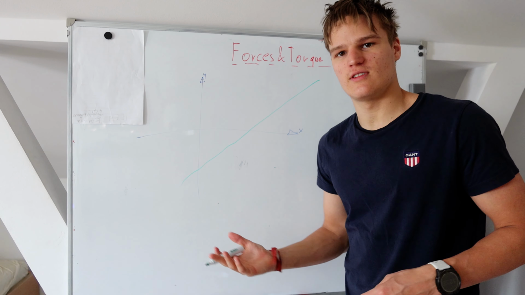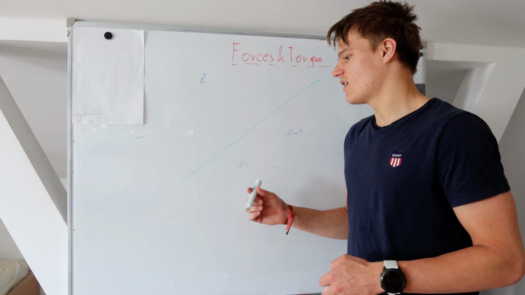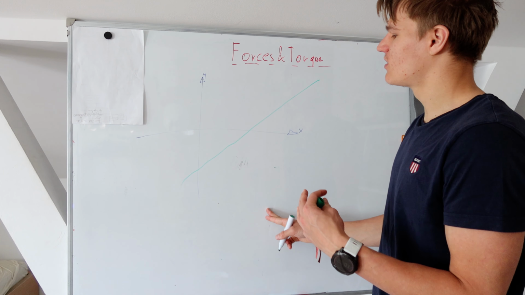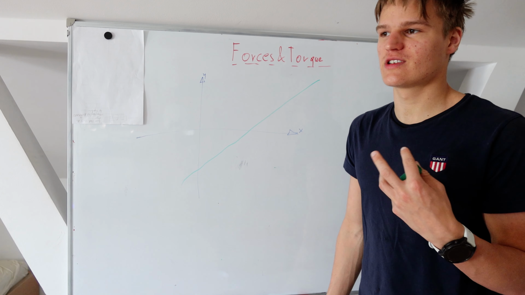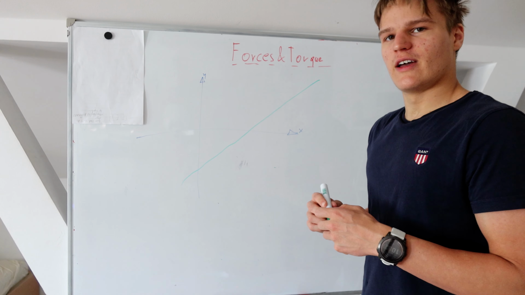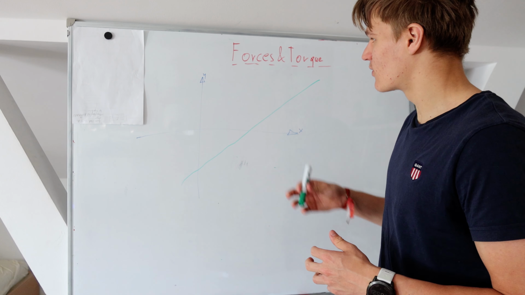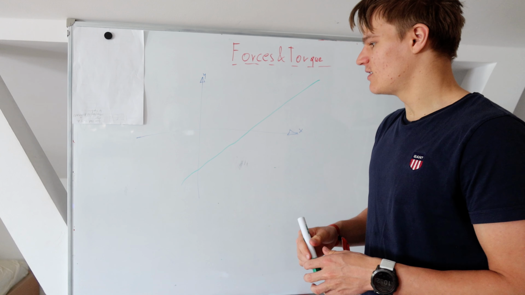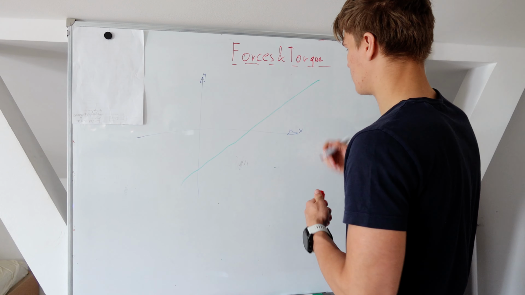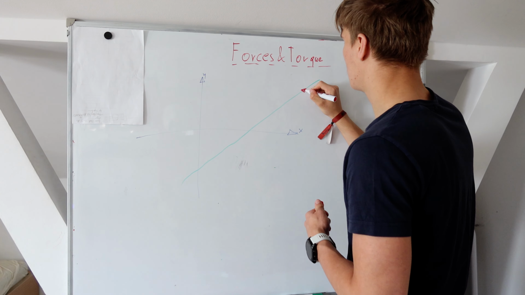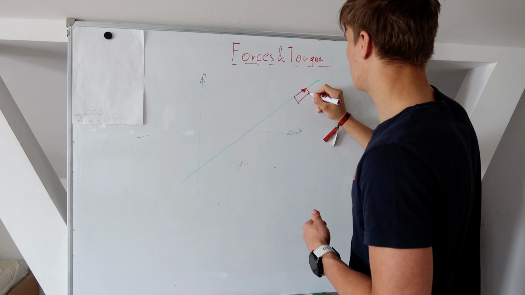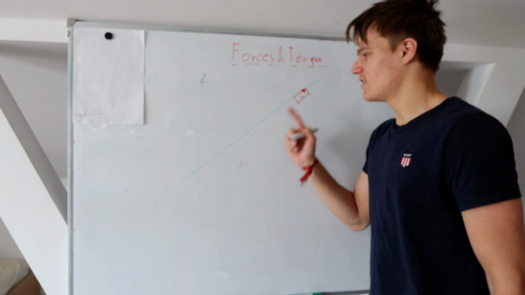This is going to be the line along which our vector or our force is going to be. So let's say that my vector is here, and it's this long. Let's call this length L. This is the length of my vector.